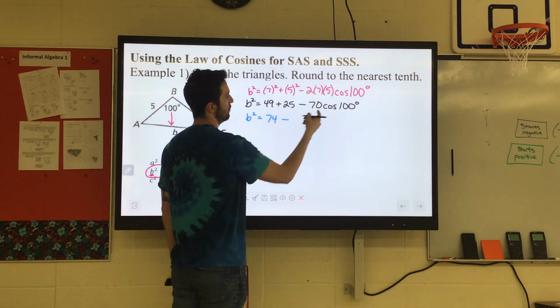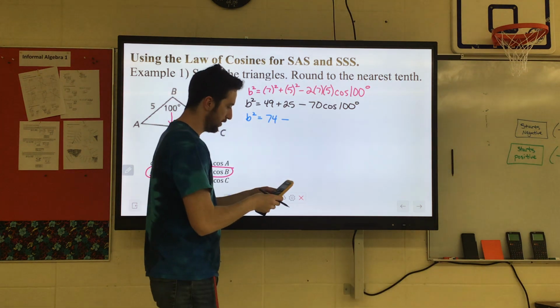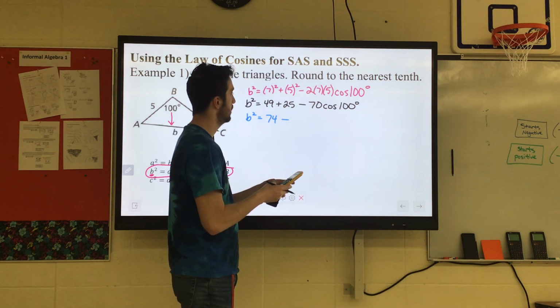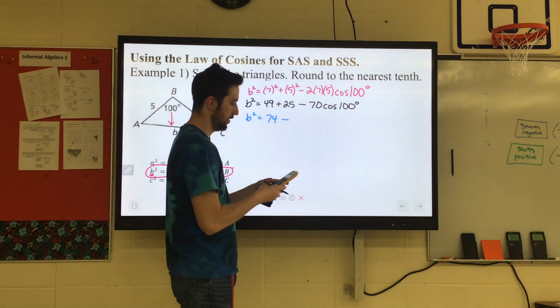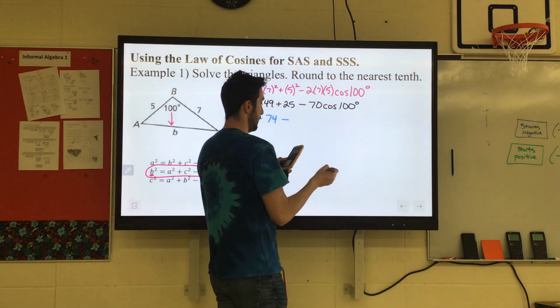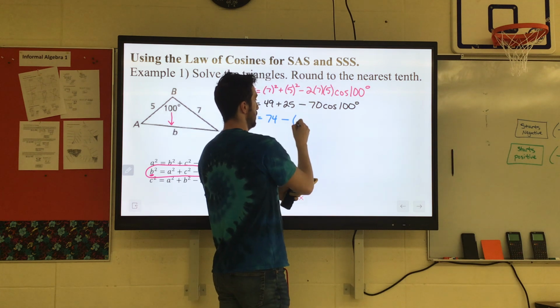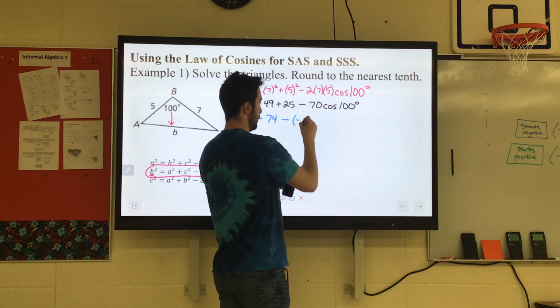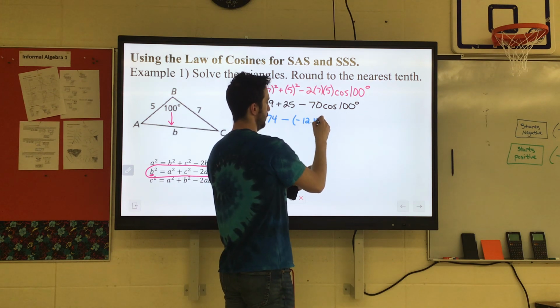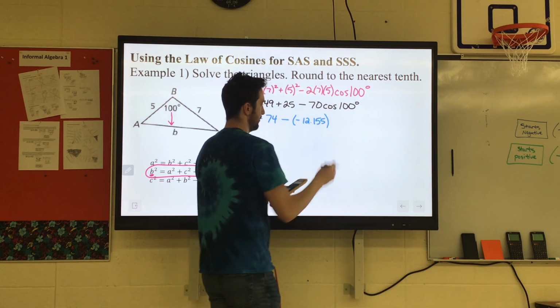And then let's put this into our calculator: 70 cosine 100 degrees. It came out to negative, so we'd have minus negative 12.155, and so on.